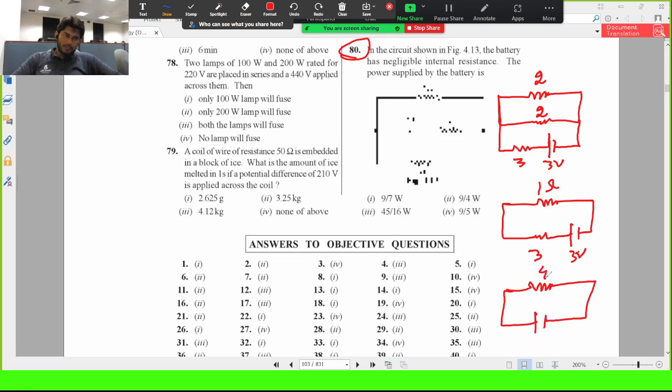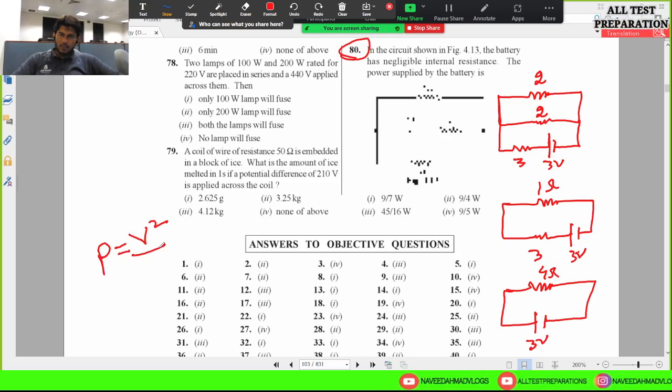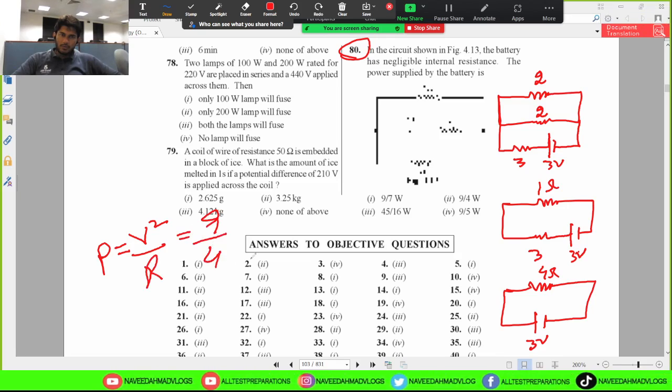Now you need to find the power. P is equal to V square divided by R. As we know V is equal to 3, so 3 square is equal to 9, divided by 4. So option B will be the correct answer.